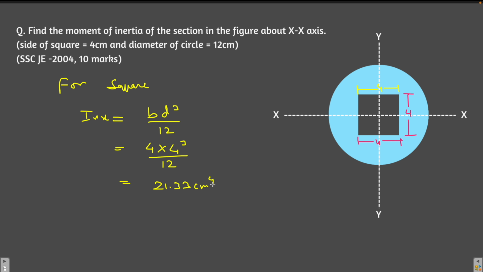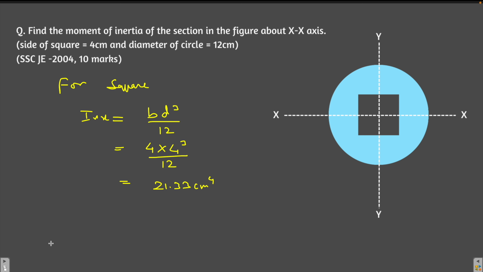Now once we have calculated for the square and for the circle, we don't have to find the moment of inertia of either the square or the circle. We have to find the moment of inertia of the figure which is shaded in blue color. So if we subtract the moment of inertia of the square from the moment of inertia of the circle, we'll get the answer.